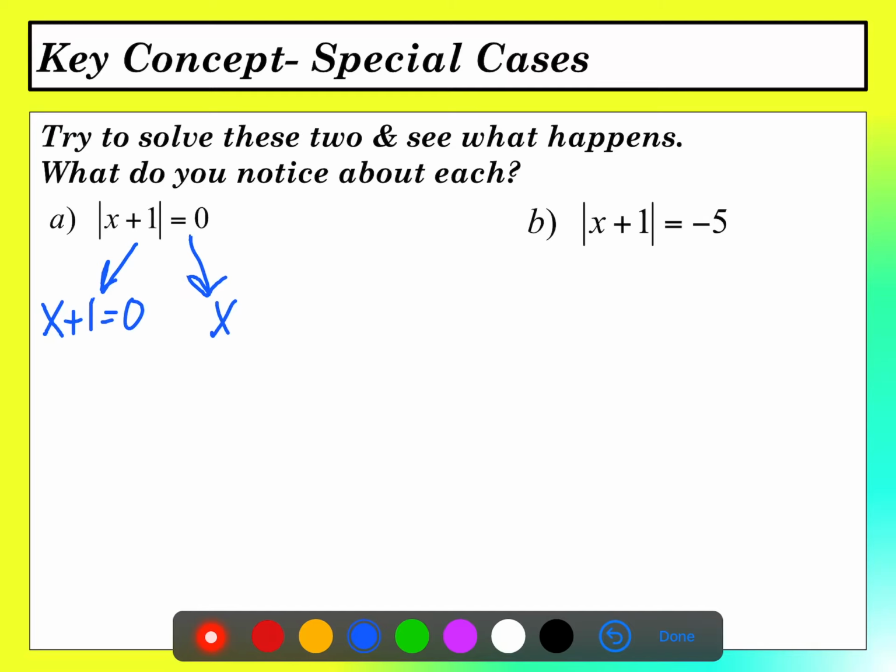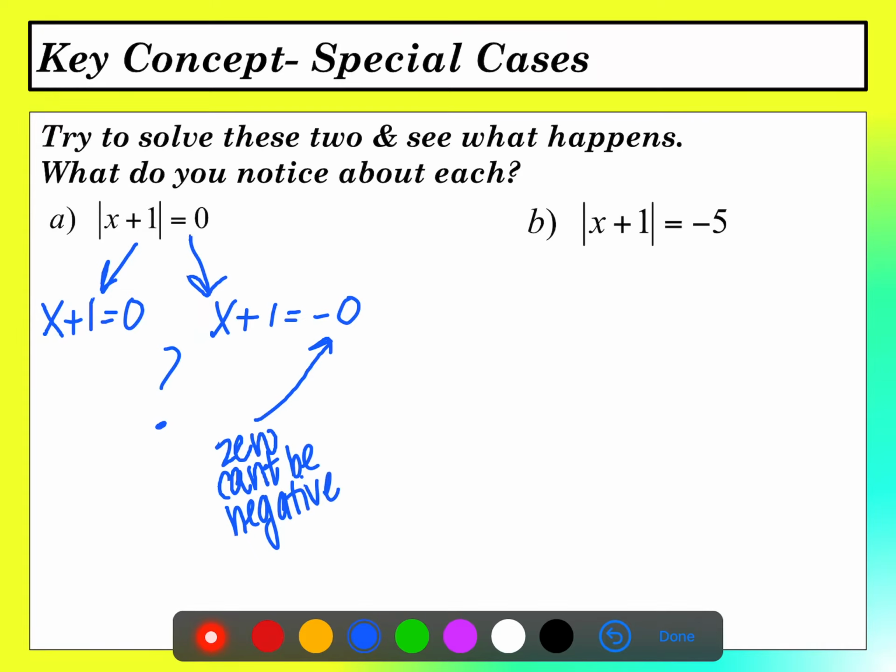Would I say x plus 1 equals 0 and x plus 1 equals negative 0? That doesn't really seem right, because 0 can't be negative. So I'm not really sure what that's going to mean.